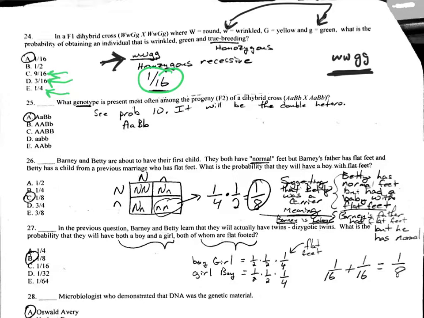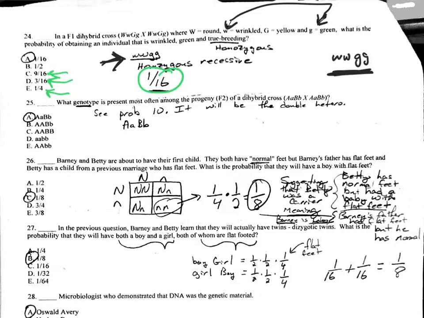What is the genotype present most often among the progeny of the F2 generation of a dihybrid cross? So do the dihybrid cross, and you'll see that what you're going to see most is big A, little a, big B, little b. All right, moving on.